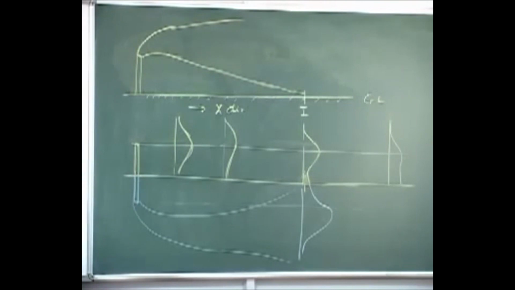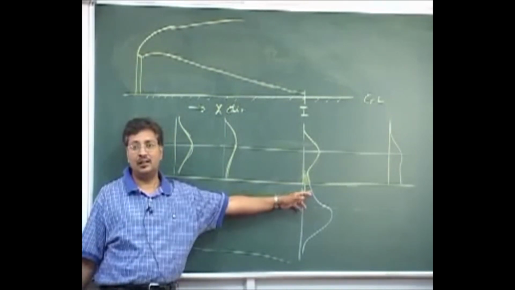I can write the same equation for this particular source. Earlier we put z equals z minus h for this source. I can write the equation for this source by putting z equals z plus h, and I can add those two equations and get the concentration here, right.